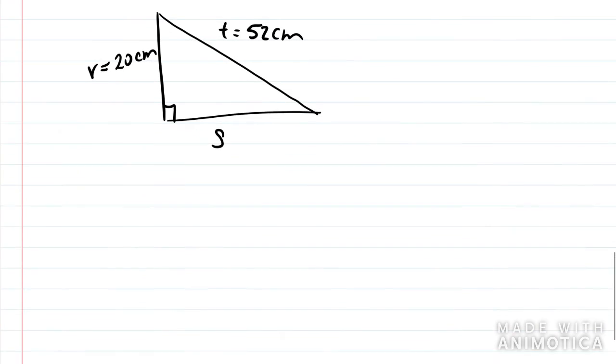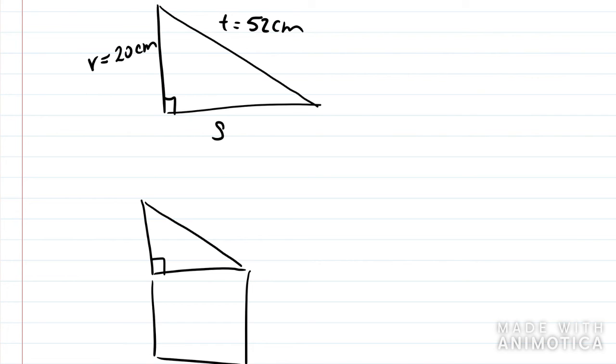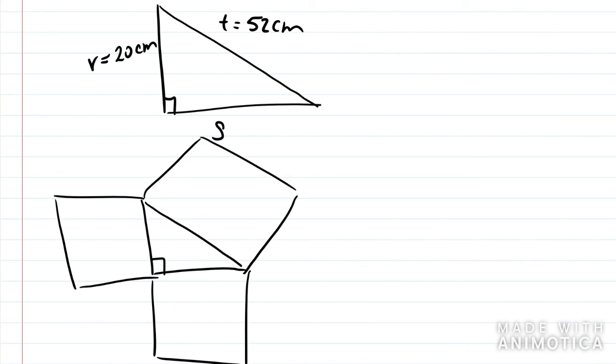Okay, so just like before, we're going to do our squares. This is 20. That's going to give me an area of 400. This is 52.